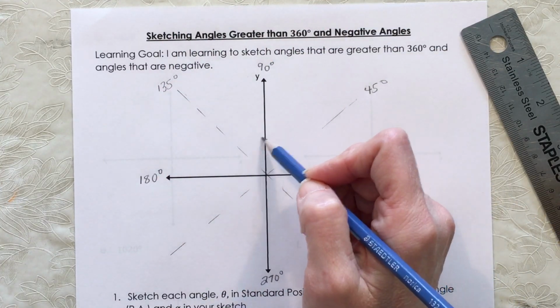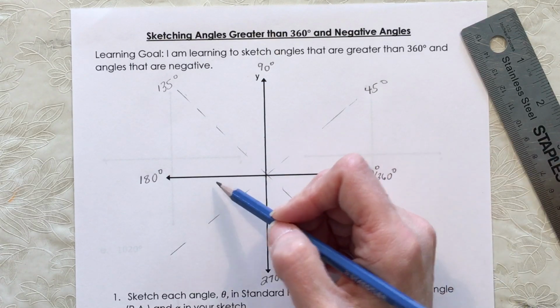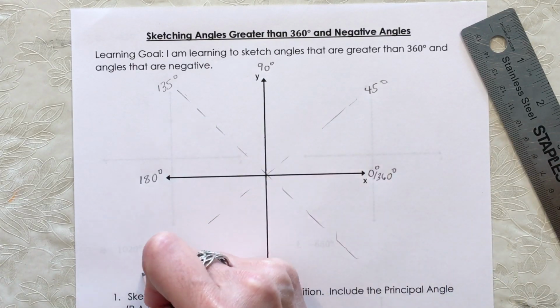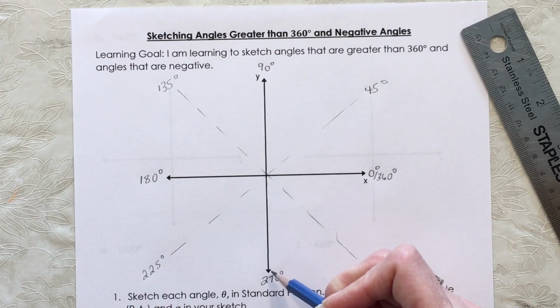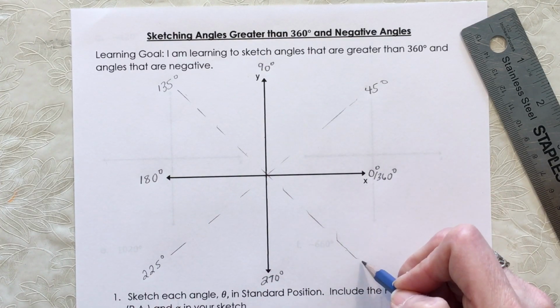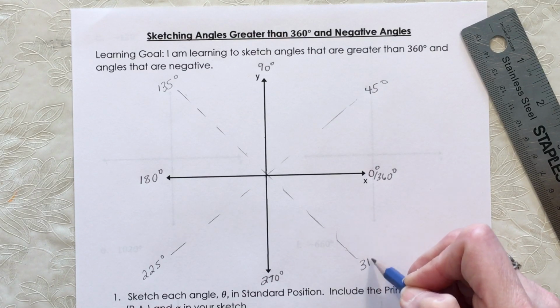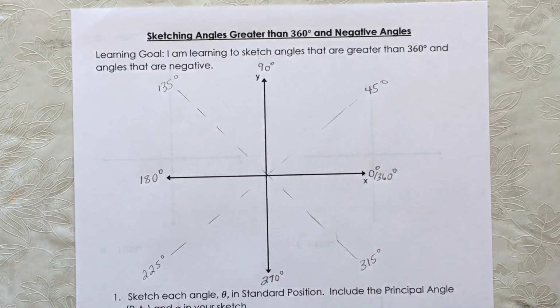You could think of it as 90 plus 45 if you want. And then 180 plus 45 is 225 degrees. And then 270 plus 45 is 315 degrees. So those are good angles to have in your mind when you're trying to sketch an angle in standard position.